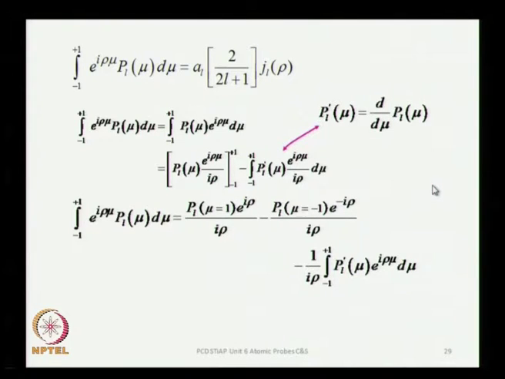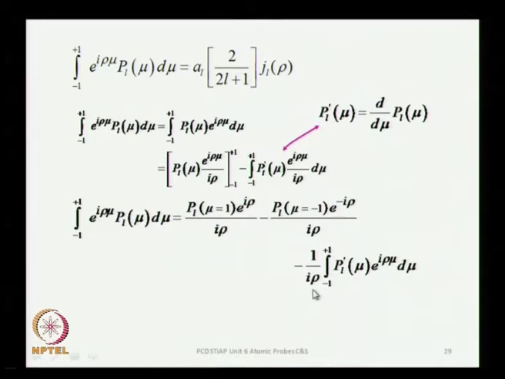Now, what will the residual integration give you? You already have a factor of 1 over rho here. Here again you can carry out the integration by parts, okay, and when you do this integration by parts, once again you will get the integral of e to the i rho mu, which is e to the i rho mu divided by i rho.